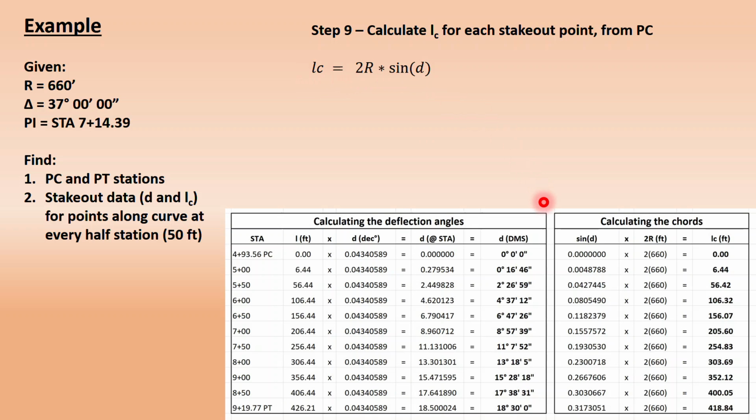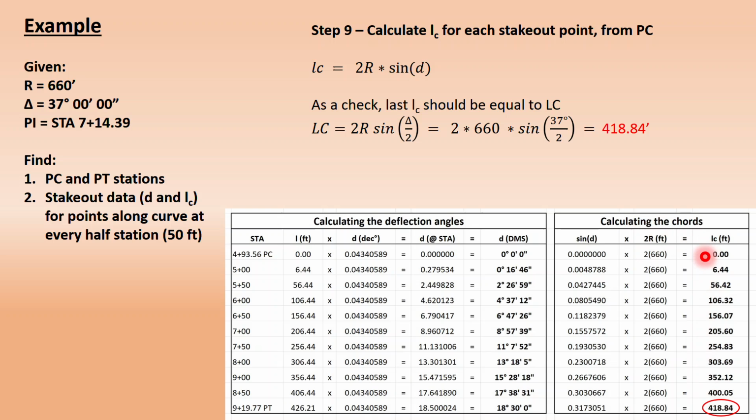I show that down here in our table. We have the column here of our deflection angles already. If we take the sine of that deflection angle, I just let Excel do that for us, and multiply that by 2 times the radius, or 2 times 660, that'll give us a straight line distance in feet for our chord distances.